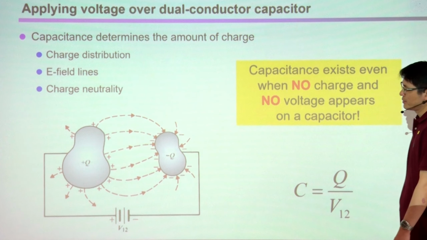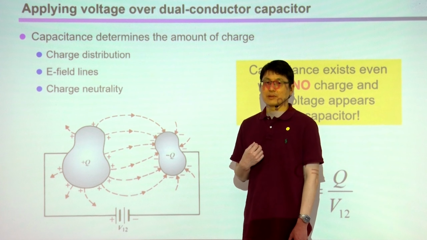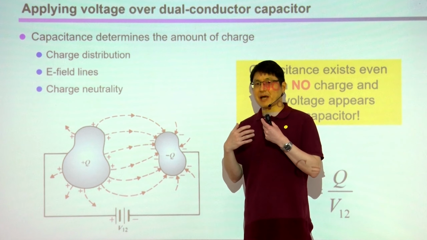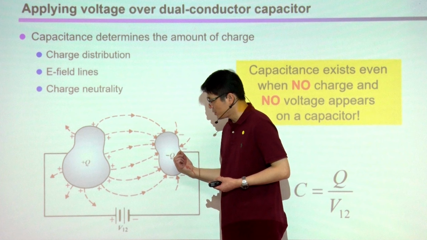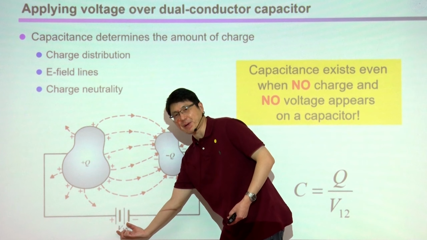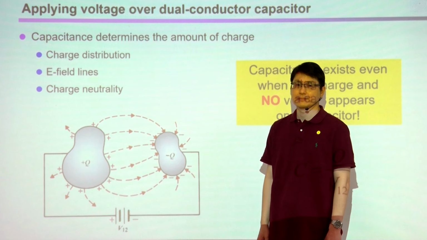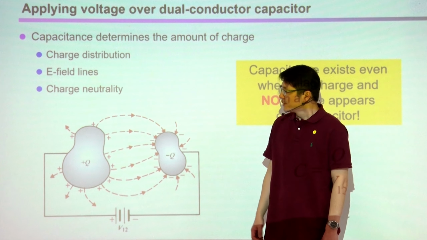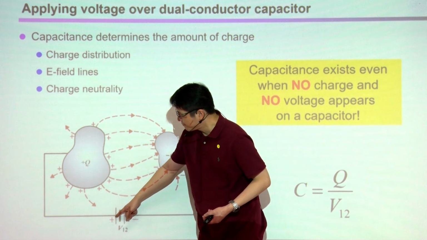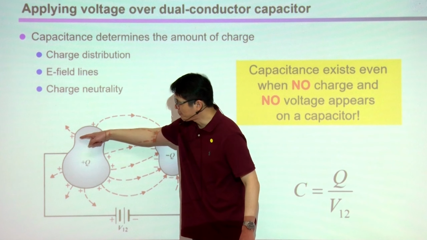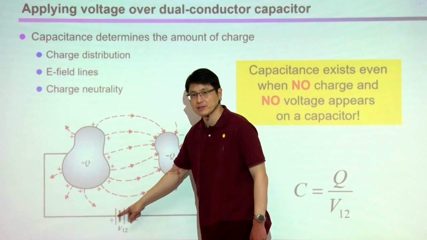So what happens if we have two conductors? It also functions like a capacitor, right? And for these two conductors, you connect it with a battery. Okay? Now, usually what it does is when you connect the battery, you have positive charges deposited on the end of your positive.